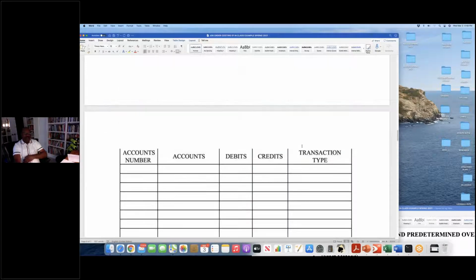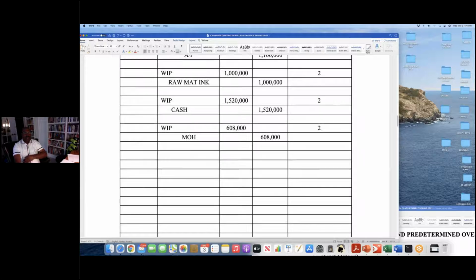We didn't make your journal entry. Let's make your journal entry where we're going to finished goods and work in process. Debit finished goods and credit the work in process.